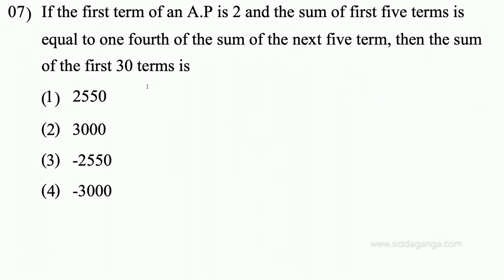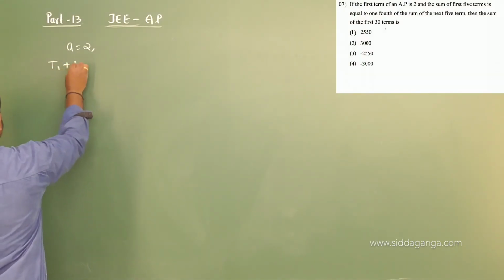This given data is what? The first term of an AP is 2, that is a is equal to 2. And the sum of the first 5 terms is equal to 1/4 of the sum of the next 5 terms. Sum of the first 5 terms, let me take T1 plus T2 plus T3 plus T4 plus T5, instead of a1, a2.